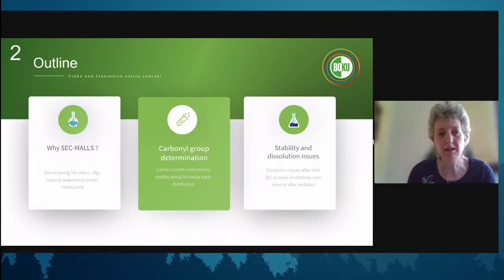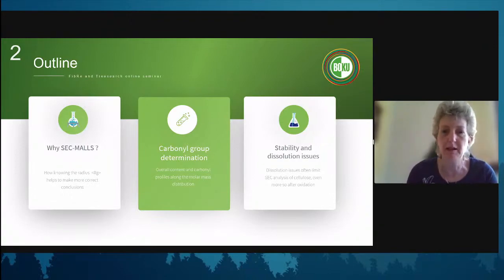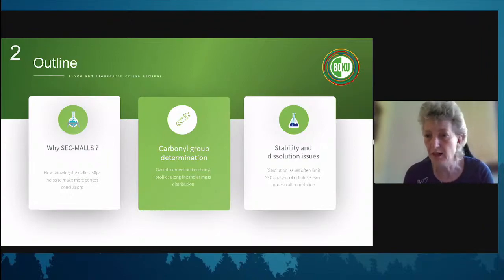Why would it make sense to know the radius of gyration in that specific setting or topic? I will very briefly talk about carbonyl group determination because this comes naturally with oxidation, and also here segmals can give us some clue. And the major portion will be on the stability and dissolution issues. This is something we are really facing in this topic. For some, there is no solution, but for some issues, there's a little bit of workaround, and this I want to share with you today.